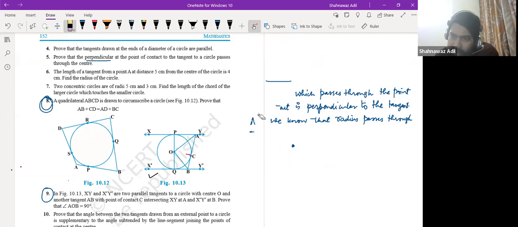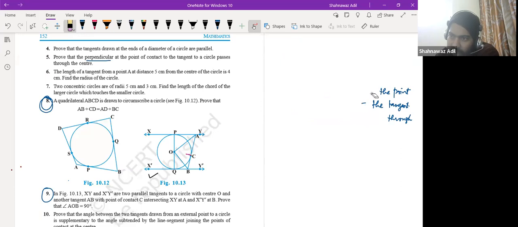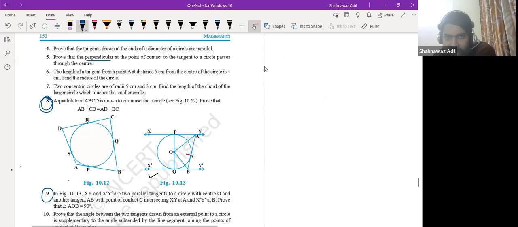But what I meant was, can we just write theorem 10.1 in the brackets like that? Yeah, so you mention theorem 10.1 in the bracket. Theorem 10.1 says that the radius is perpendicular to the tangent at the point of contact.